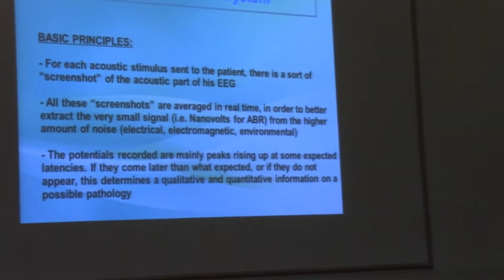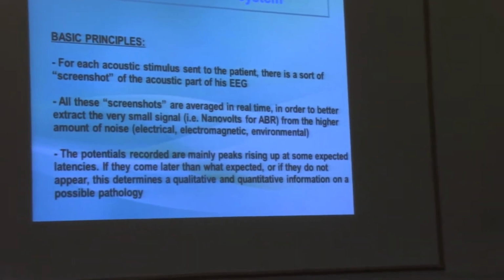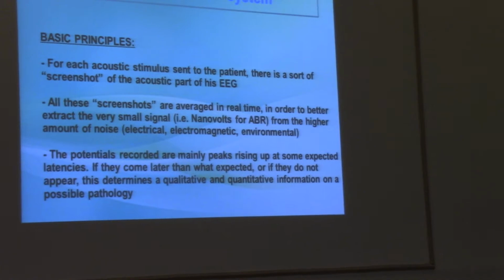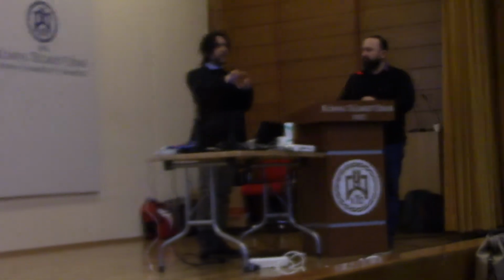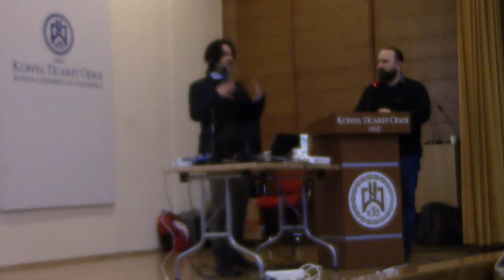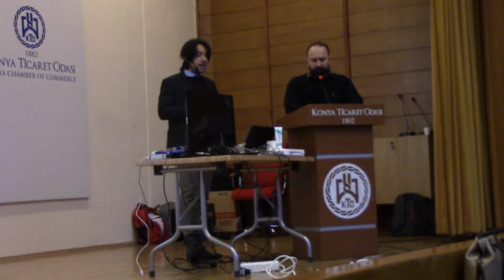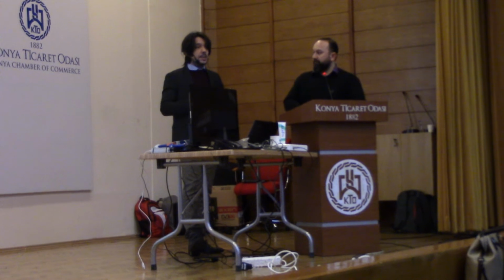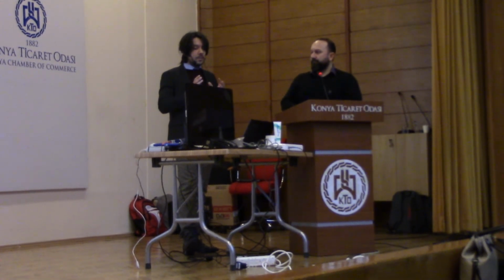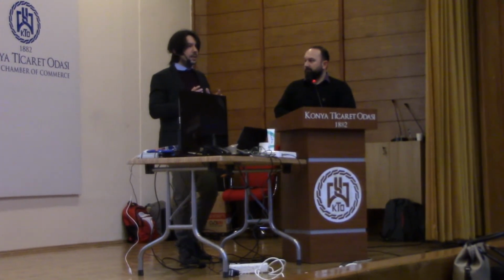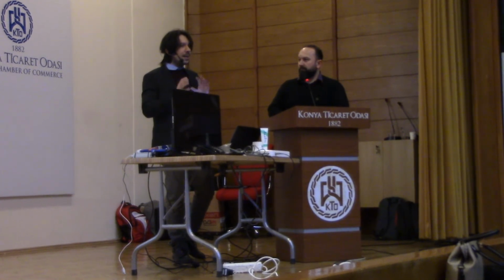So, in your EEG activity that is taken from your electrodes, you send the stimulus and take that photogram, like a picture of what is happening, and consider that we are doing ABR, for instance. These are very small signals. We are on the order of nanovolts.